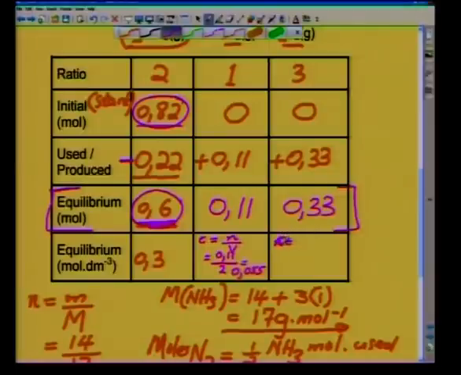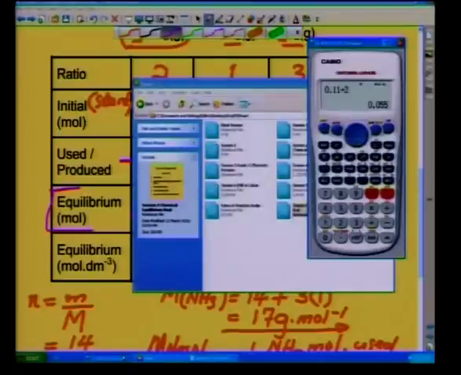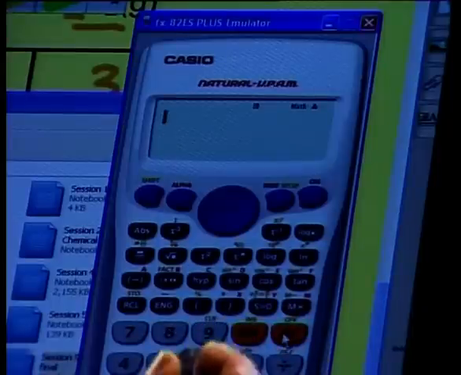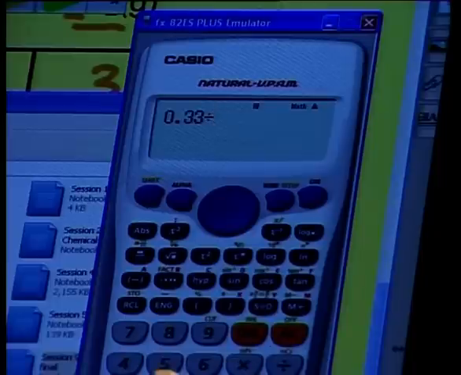The same thing here: concentration C equals n over V, and that will be equal to the number of moles. Remember here, we've got 0.33 divided by the volume. They are both inside a 2 cubic decimeter flask. And what will be the concentration here? Let's work it out quickly on the calculator: 0.33 divided by 2.